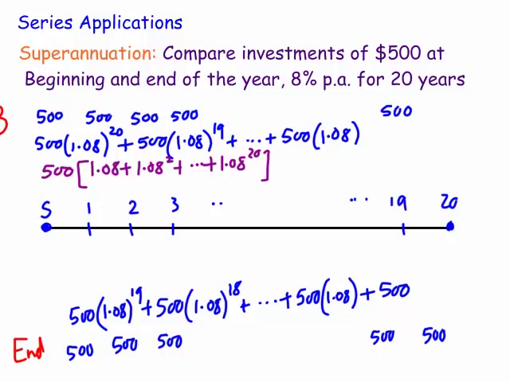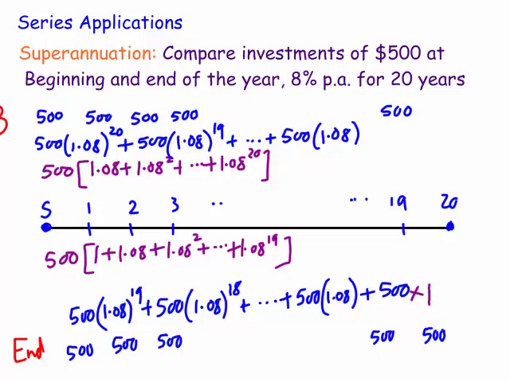Let's try doing it with this other one. We're going to go 500, and there's actually going to be a times of 1 on the end, 500 times 1. So this has a 1 instead of a 1.08, plus 1.08 plus 1.08 squared plus dot dot dot plus 1.08 to the power 19.